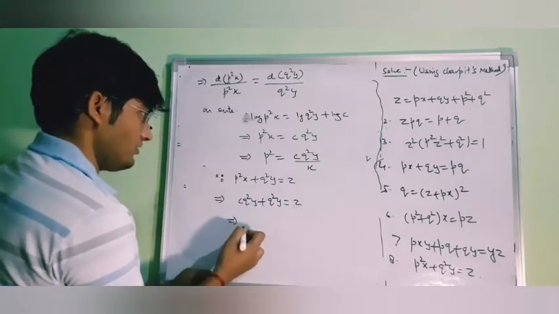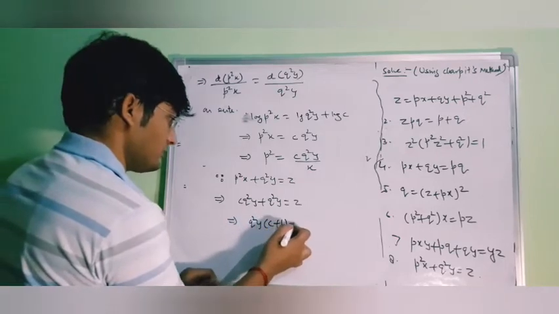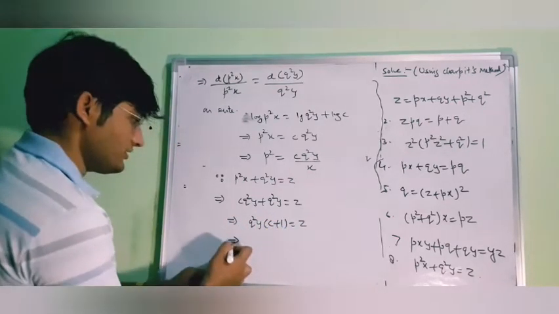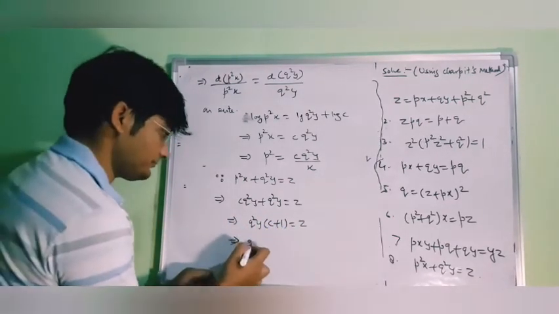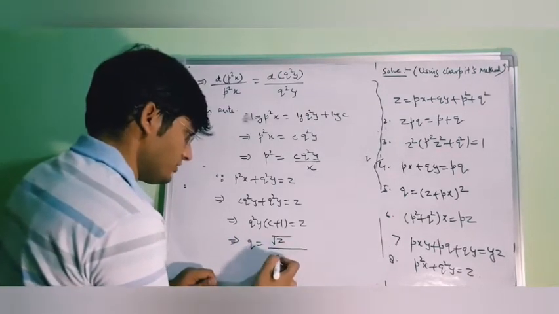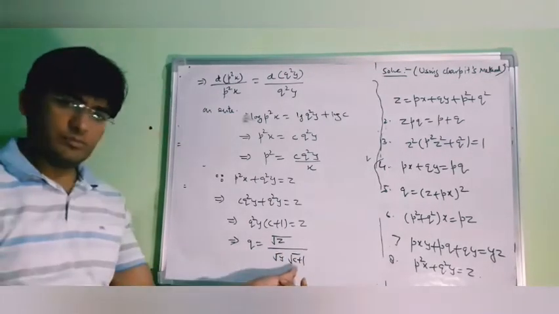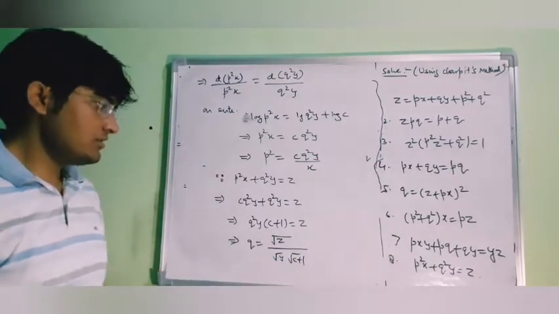So from here, q square y is common, so in the bracket we will have c plus 1 equal to z. As you can see that c plus 1 is constant, so if you want to write it as, you can write, but we can also take it as some another constant. Under root c plus 1 is constant, so write it as some another constant.